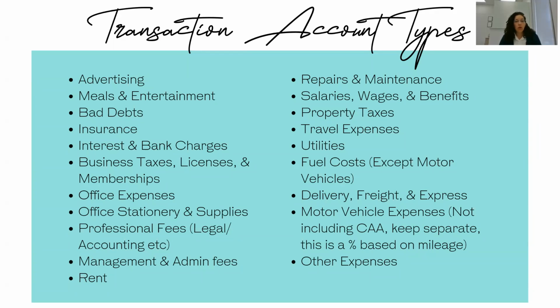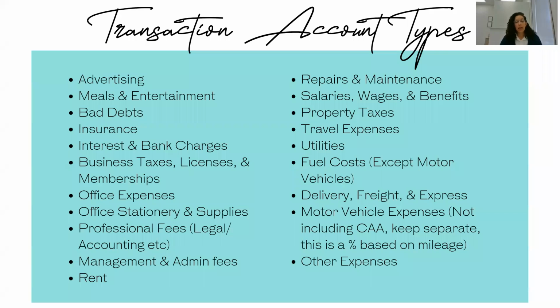Most of your stuff will come in under business income, which is any money you've made, and that will just be categorized as income. And then from there, all your expenses will be categorized under one of these account types. Advertising is pretty self-explanatory: any of your Facebook ads or marketing materials that you've done.